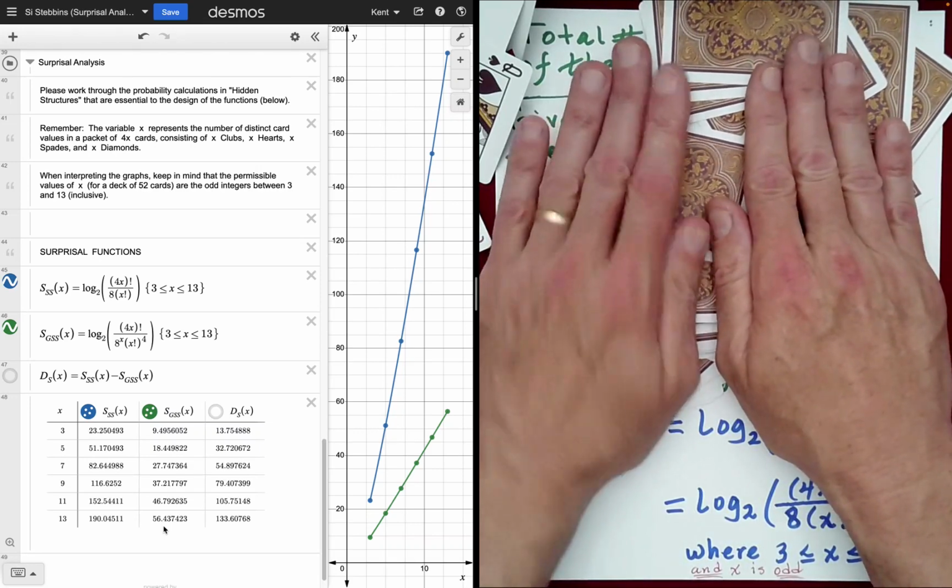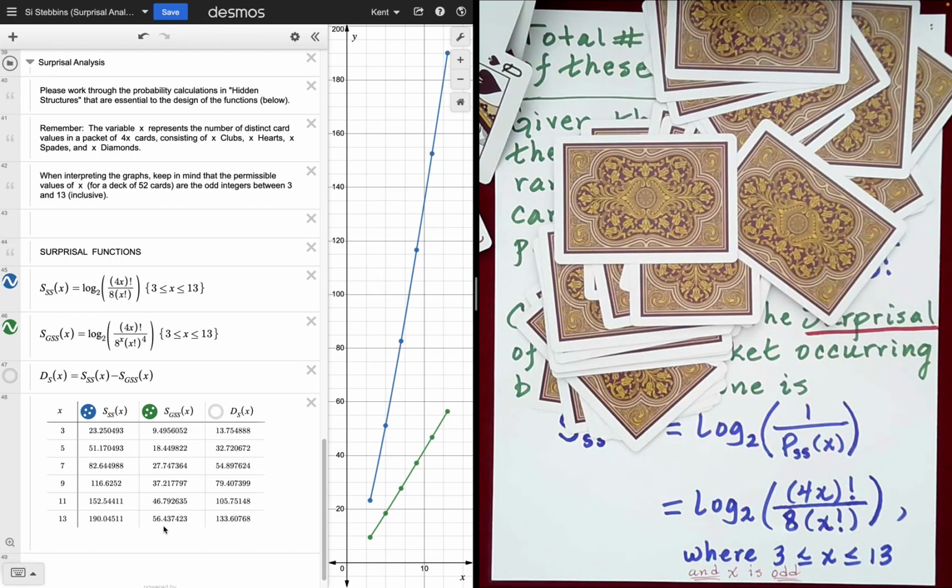Okay? Another interpretation that we gave, which was fun, is in terms of true-false questions.